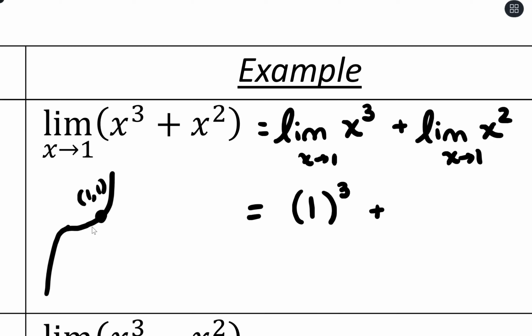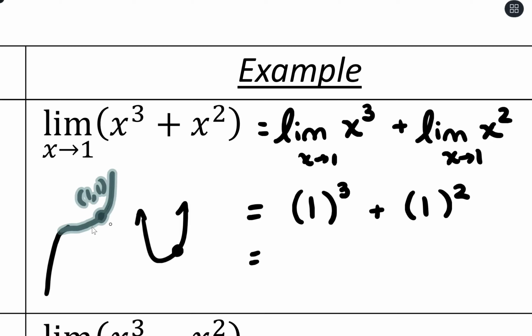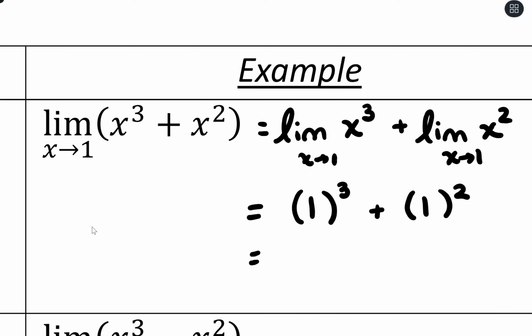And then same thing for the limit as x approaches 1 with x squared. With our parabola, we don't have to worry about our limit not existing. We're just using that coordinate where we have our input of 1, and then our output would be 1 squared. So this is where we're going to start seeing we're plugging in and simplifying. So 1 cubed plus 1 squared is 2.